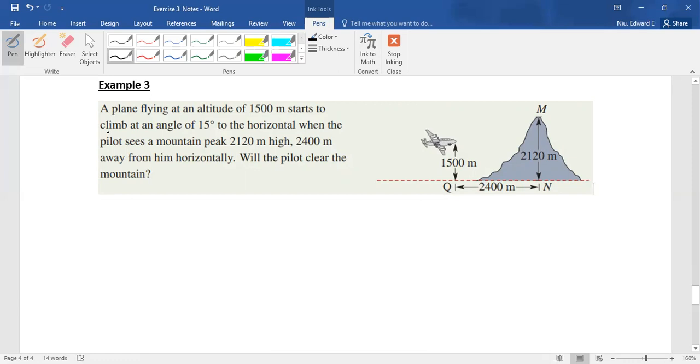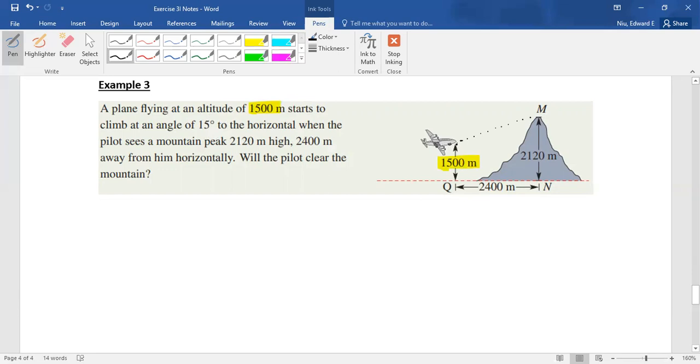A plane flying at an altitude of 1,500 meters, as we can see here, 1,500, starts to climb at an angle of 15 degrees. In other words, this plane is going to climb, having to clear the mountain. It's going to try and navigate it by increasing by 15 degrees to the horizontal.